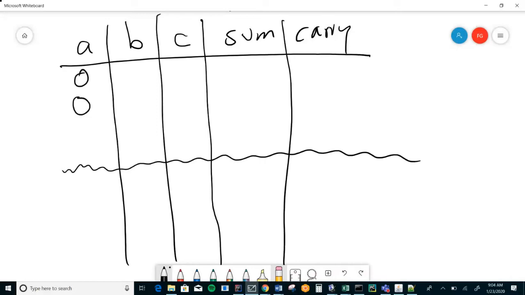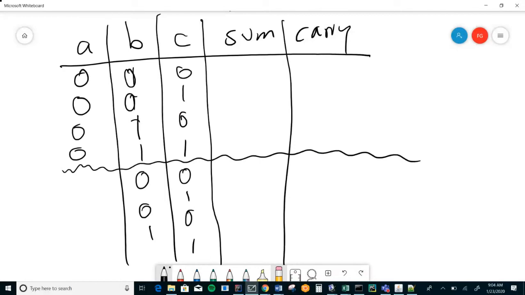So initially we'll consider A of all 4 zeros. B will go 0, 0, 1, 1, and C will go 0, 1, 0, 1. Now I'm going to copy B and C down here, 0, 1, 0, 1, 0, 0, 1, 1. And now A is all ones down here. So the full adder has 3 1-bit inputs and a 2-bit output.